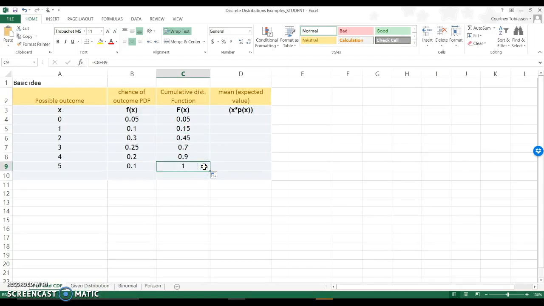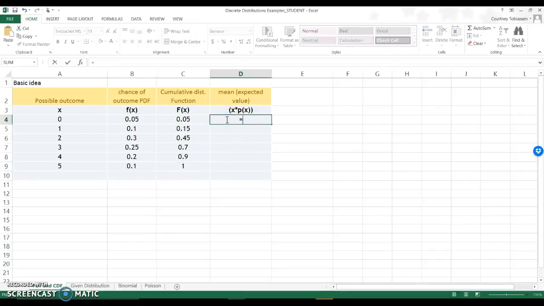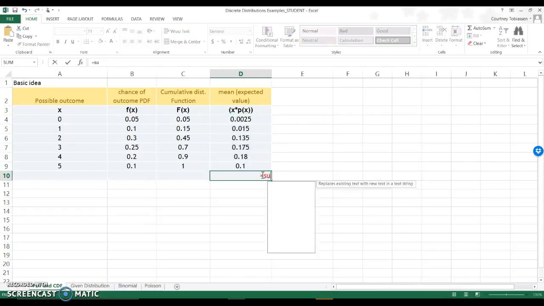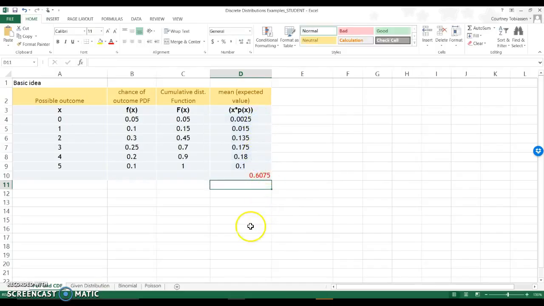And we should end with 1 because that should be 100%. To get our expected value, we are just going to take these 2 multiplied by each other. I am also going to copy that one down. And then right here, if I add these up, my expected value for all of this is 0.6.